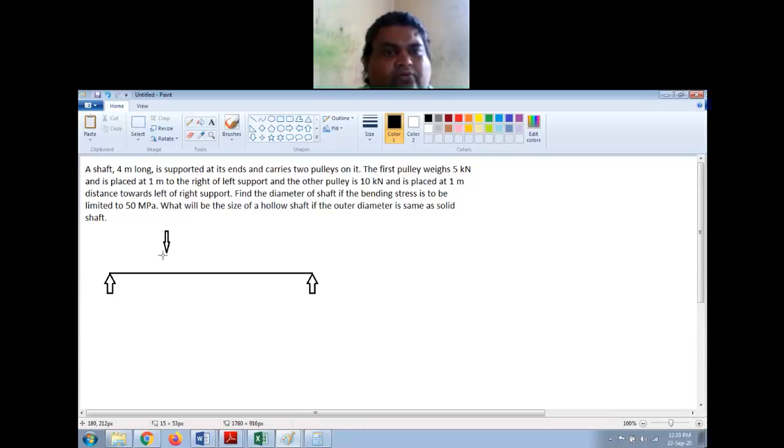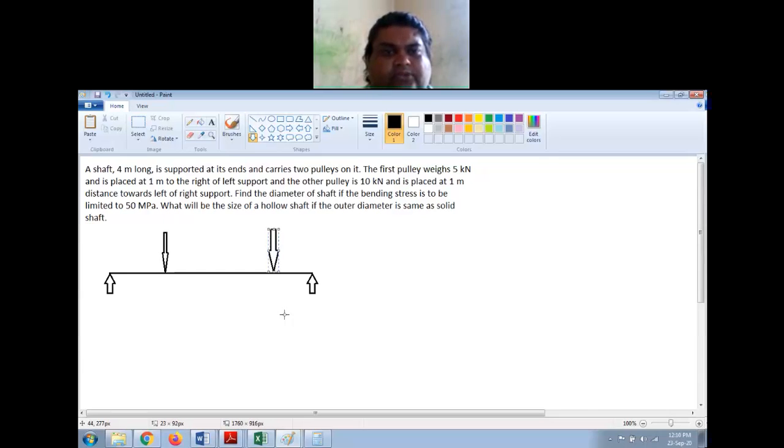So one of the pulley, it is acting at 1 meter distance to the right of left side. This is left side support. 1 meter right side is here. Okay, I'll just move it a bit more.